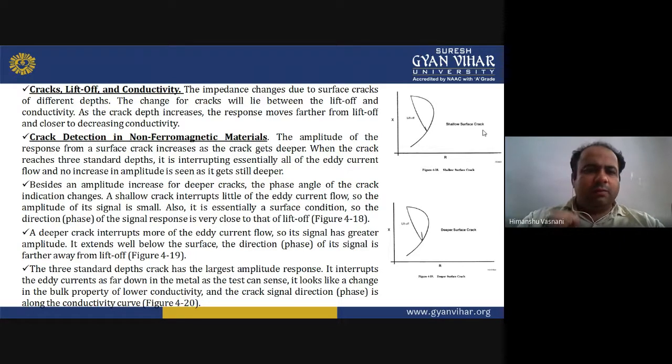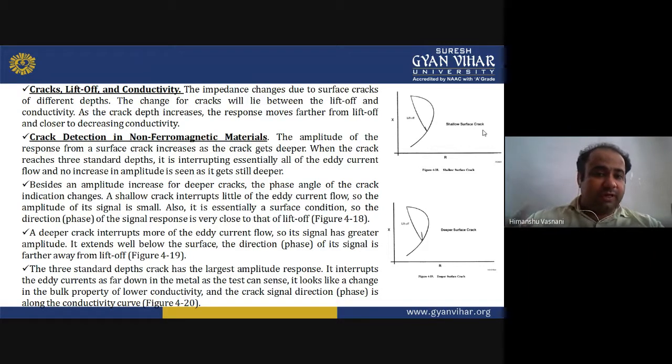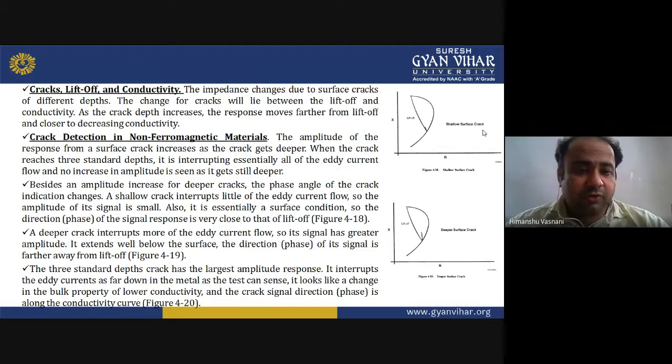A deeper crack interrupts more of the eddy current flow, so its signal has greater amplitude. It extends well below the surface, and the direction or phase of its signal is farther away from the liftoff.